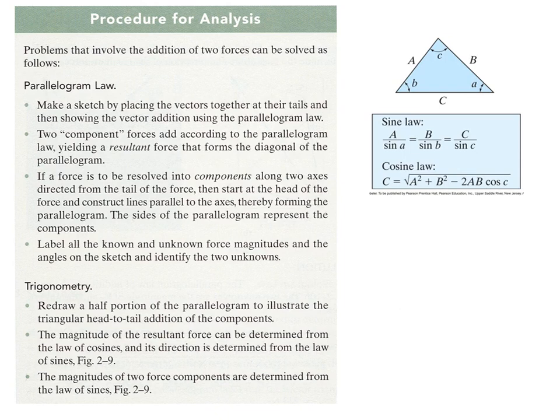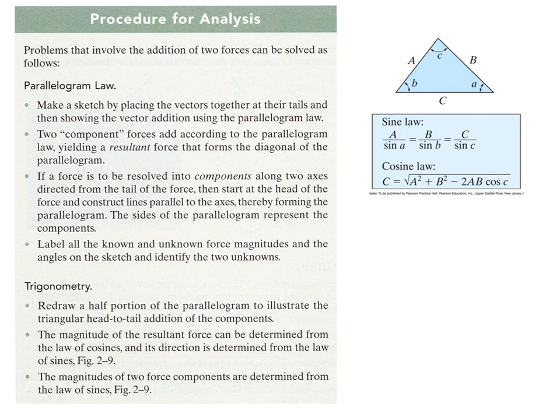Now the procedure for analysis. How are we going to analyze problems of addition of forces? First, we use the parallelogram law. You make a sketch by placing the vectors together at their tails and showing vector addition using the parallelogram law. The two component forces add according to the parallelogram law, and they yield a resultant force, which is the diagonal of the parallelogram.